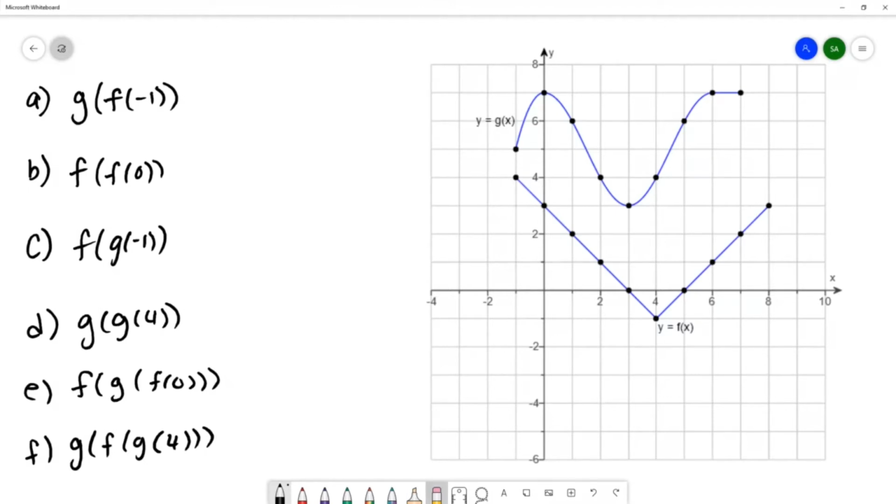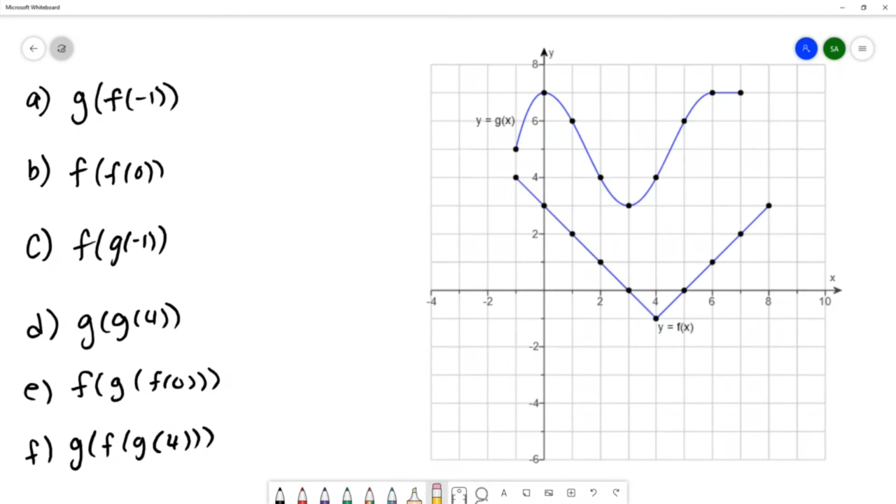So for this question, we're given a graph, and this graph has two functions on it. We have the equation y equals g of x, which is this curvy equation here. And we have y equals f of x, which is this much more rigid equation.